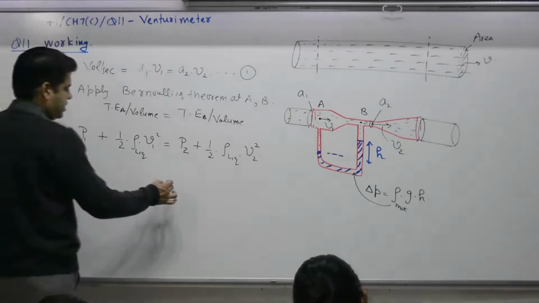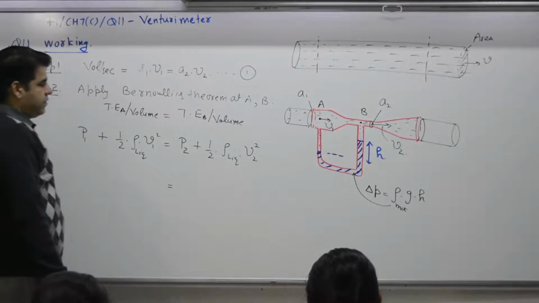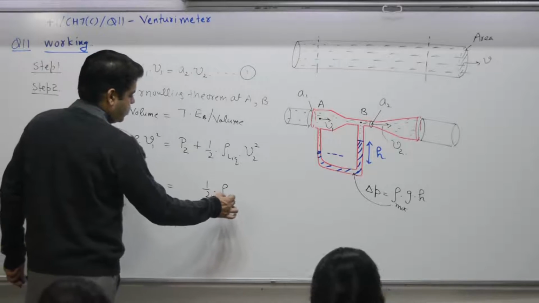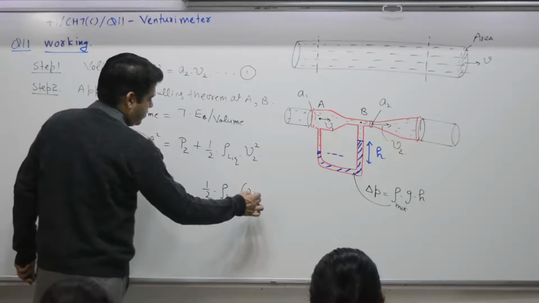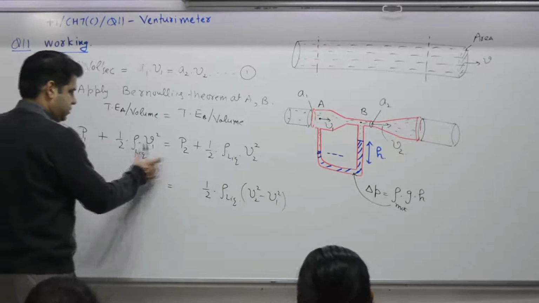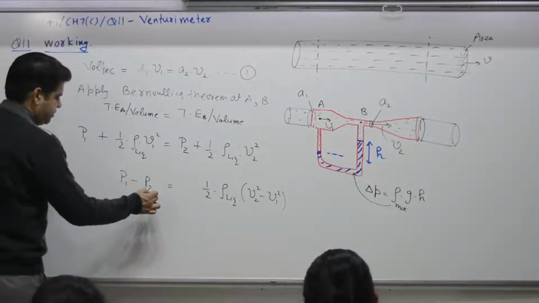P1 minus P2 is equal to what? 1 by 2 rho liquid into V2 square minus V1 square. You take this term to the right. On the left side, what you are left with is P1 minus P2.